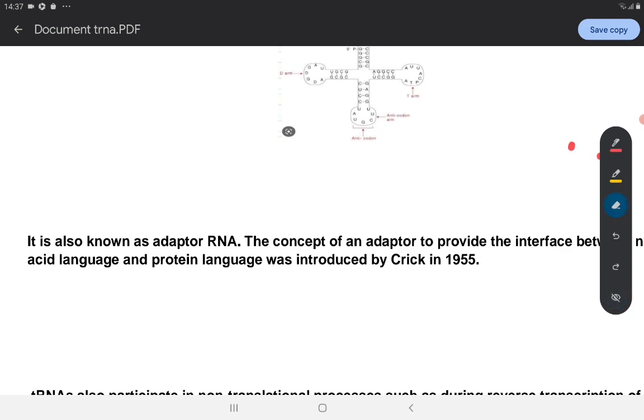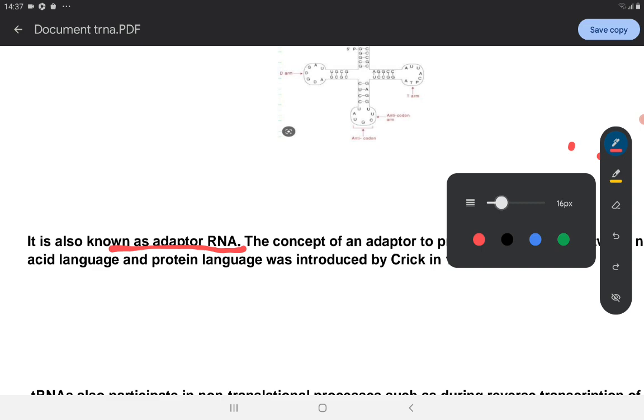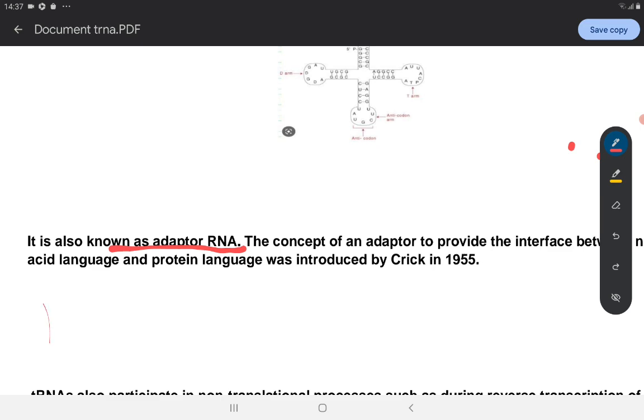So it is also known as an adapter RNA. So what is an adapter RNA or what is an adapter? Let's first see. So for example, you have a socket and you want to insert your charger within the socket to charge your phone or anything, but for some reason the shape of the socket and your charger is not compatible, so you are not able to insert this charger into the socket, right?